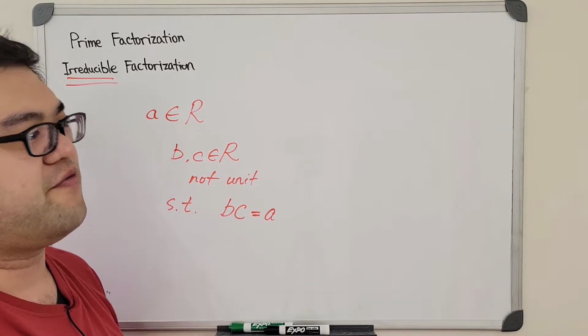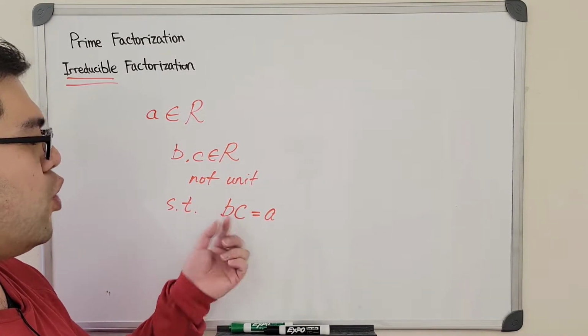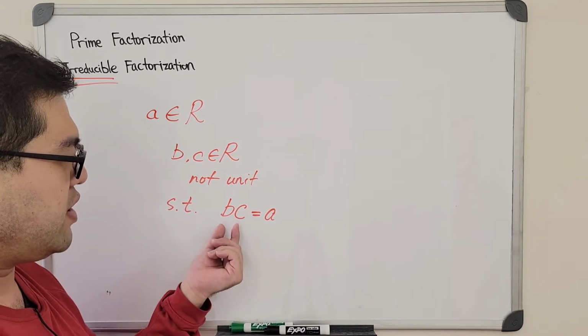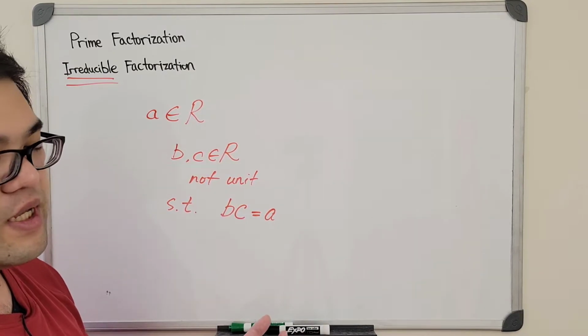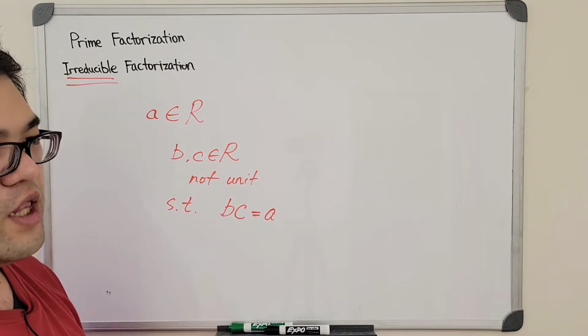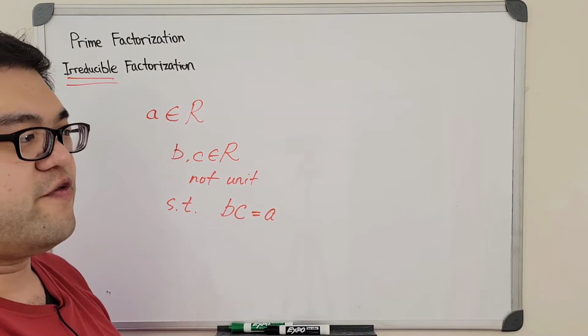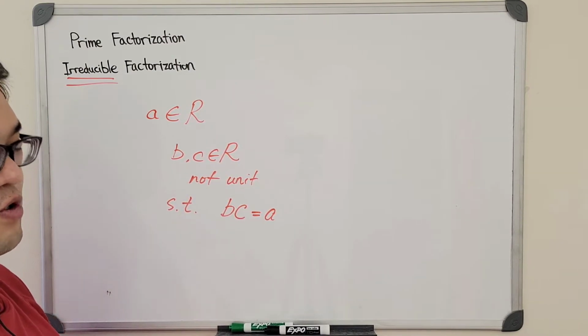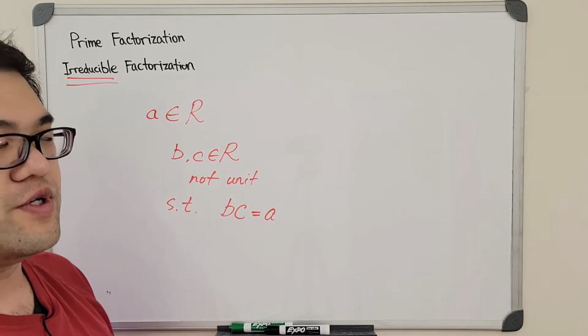And again, commutative means that the order of operation doesn't matter, meaning that B times C will just be C times B, okay? We are allowed to switch the order and it will not affect the result.